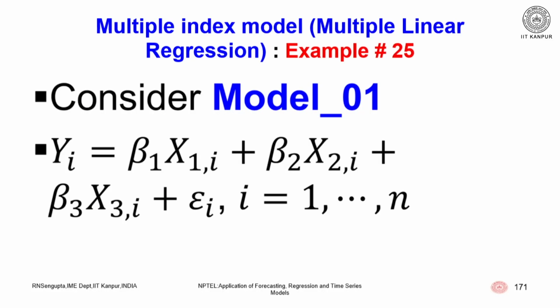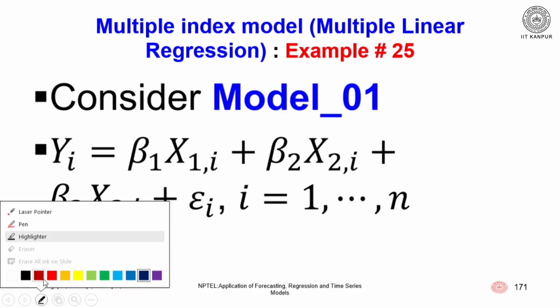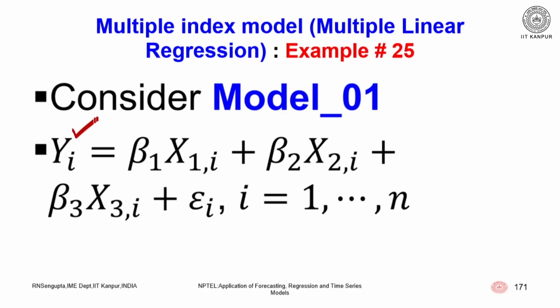The first model consists of yi, which is the dependent variable we are taking, is explained. There is no beta naught term, that means there is no intercept, and it is given by beta 1 into x1 i, where i is basically the number of readings, plus beta 2 into x2 plus beta 3 into x3. That means there are 3 independent variables and we are considering that they are independent, which means x1, x2, x3 are independent.